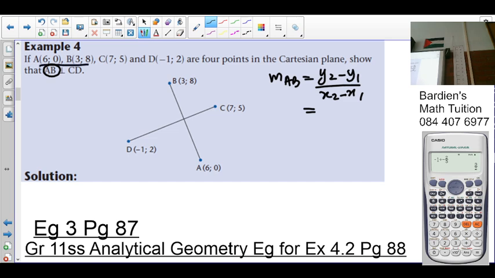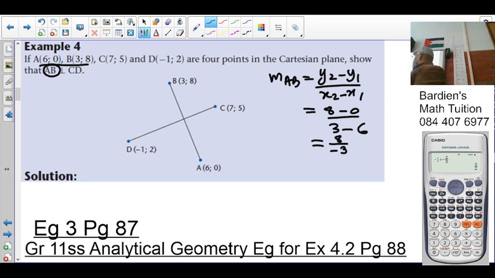So what do I say? 8 minus 0 over 3 minus 6. What is 8 minus 0? 8 over negative 3. Not so. If I work out the gradient of CD and the gradient is 3 over 8, I've done the job.